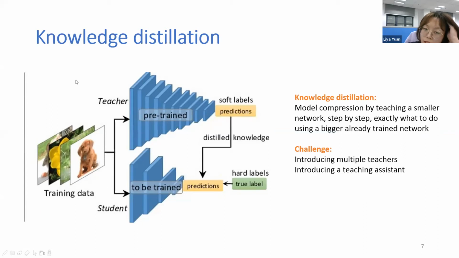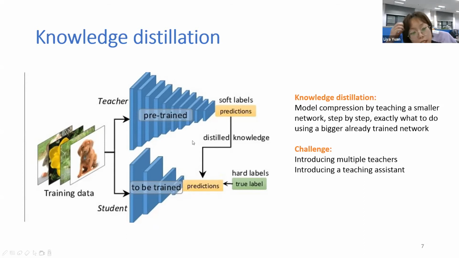You can see in the picture that the pre-trained teacher model can generate some predictions from the training data, and all the predictions can be seen as soft labels. They can be fed into the student network, so that the student can learn from the soft labels and the true labels, and get the distilled knowledge from the teacher.